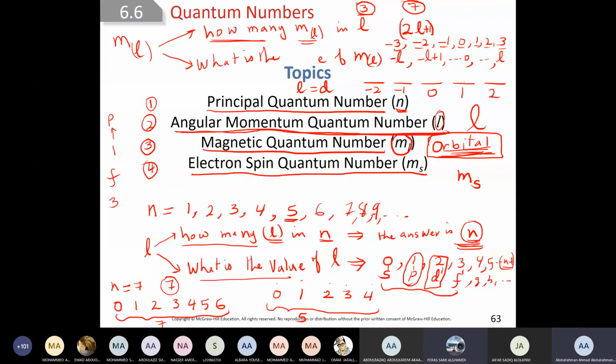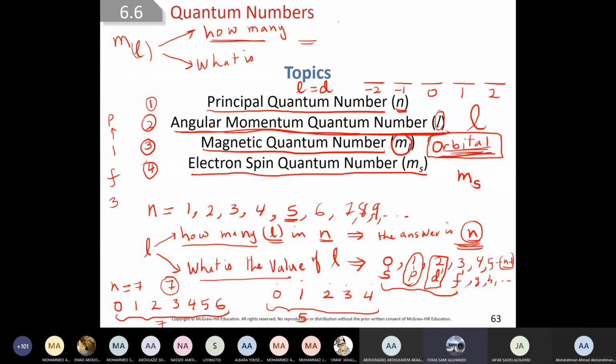Let's do an easier one. When L is equal to P, how many solutions do we have? 3. What are the solutions?